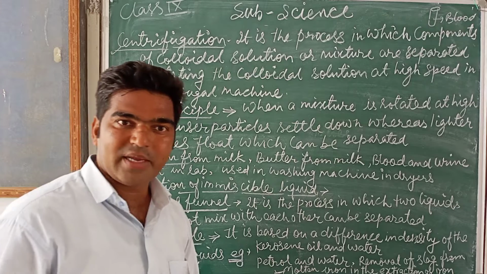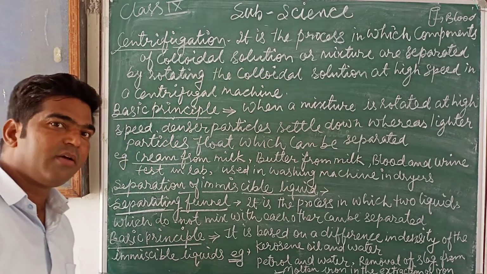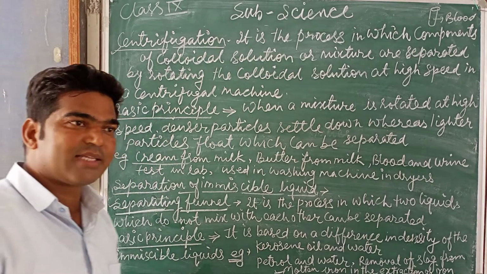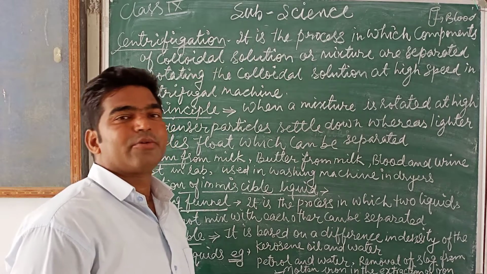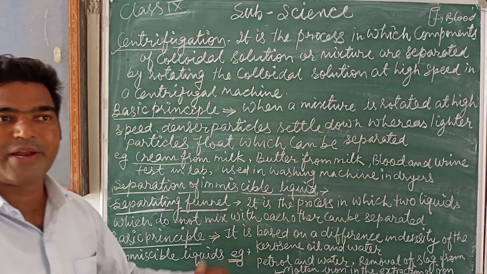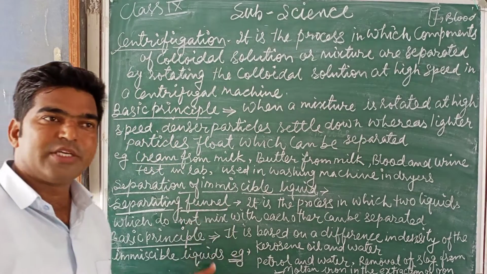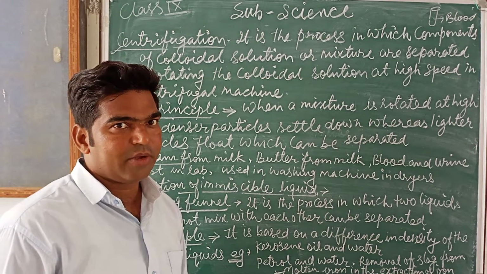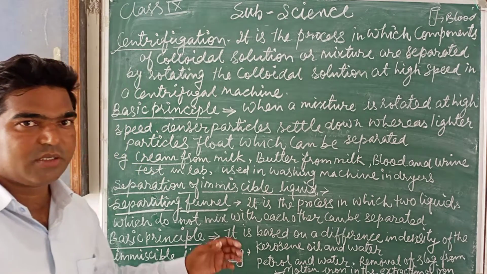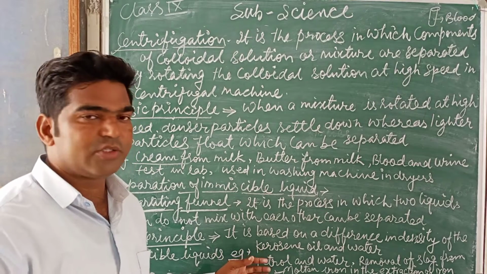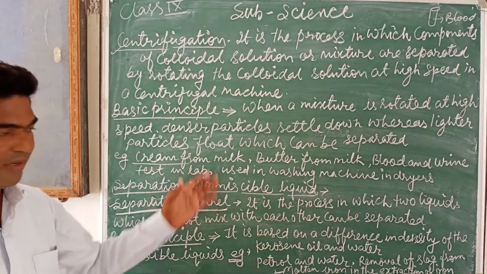Simply you can write your answer: by using a separating funnel. Also if the question is asked how can you separate kerosene from water and petrol from water, so by using a separating funnel. Okay. So now pause the video and write down all these things. Now write it.